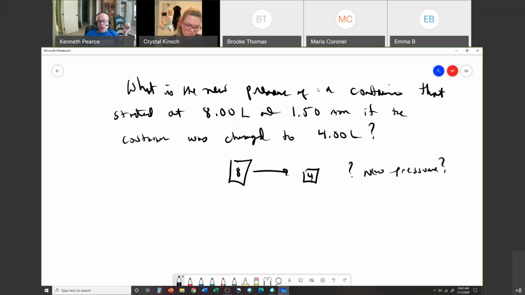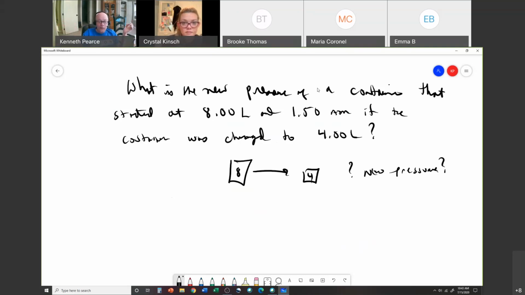Now, as I have said before, you have to ask yourself, do I see pairs or do I not see pairs? And I know that we've only had one equation so far, and the only equation we've had so far is the combined gas law, and that's pairs everywhere, right? But you still have to ask yourself that question.